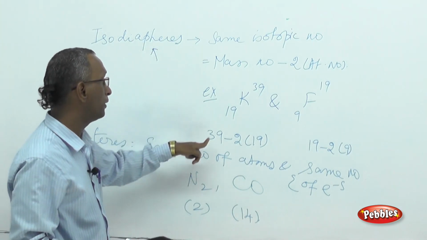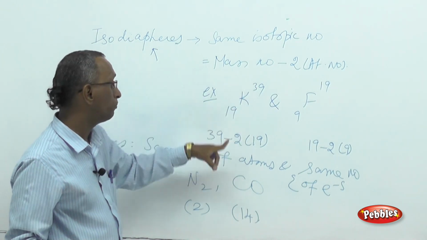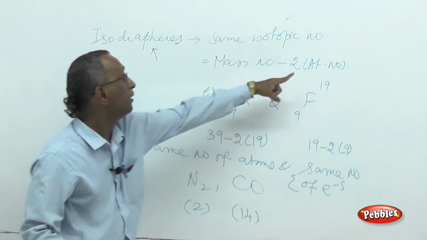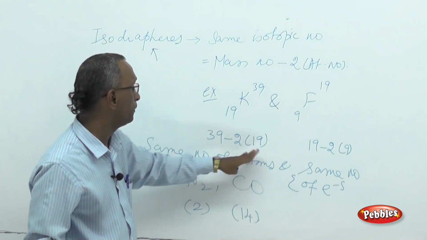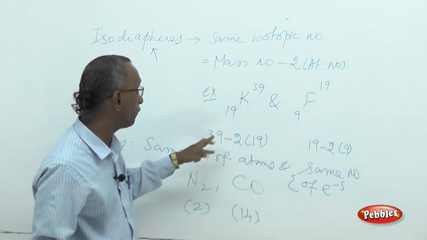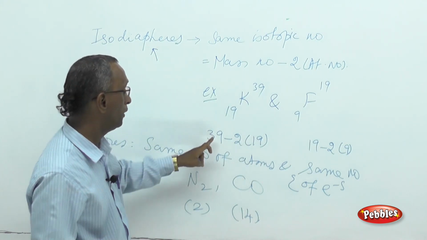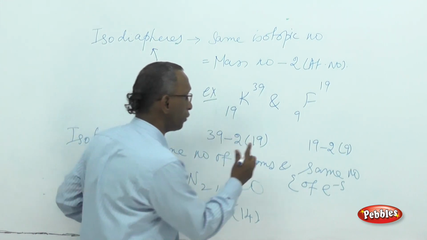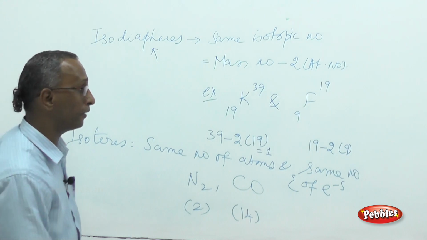The mass number of potassium is 39 in this isotope, minus twice the atomic number of potassium, which is 38. For any isotope the atomic number will not change, but for different isotopes the mass number will change. That is to be noted. So 39 minus 38 is 1. Here the isotopic number is 1.